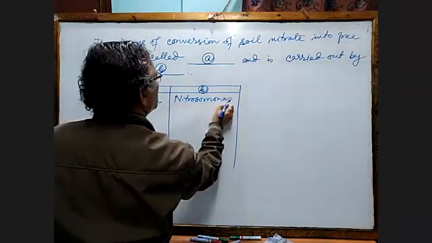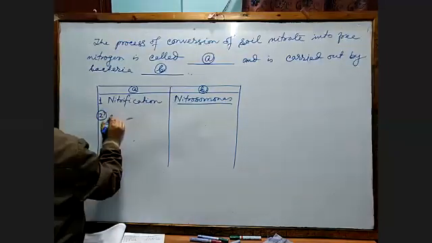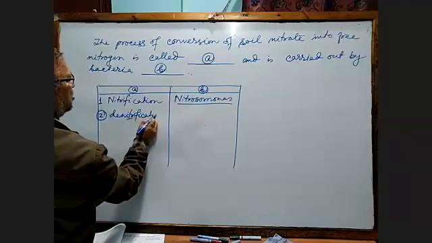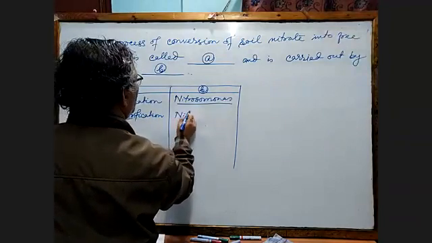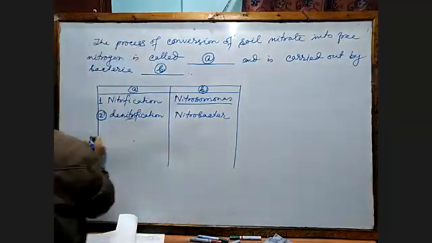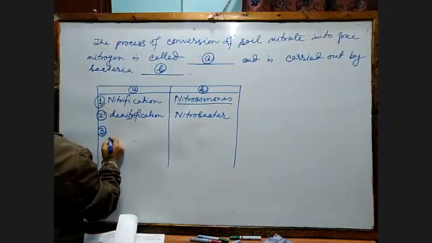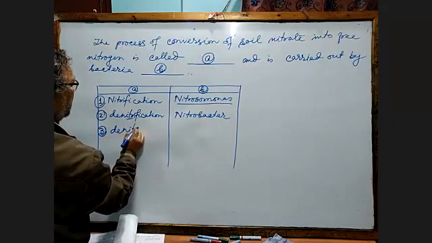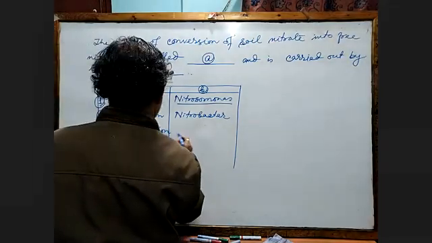Number 1, nitrification, nitrosomonas. Number 2, denitrification, nitrobacter. Number 3, denitrification, Thiobacillus.